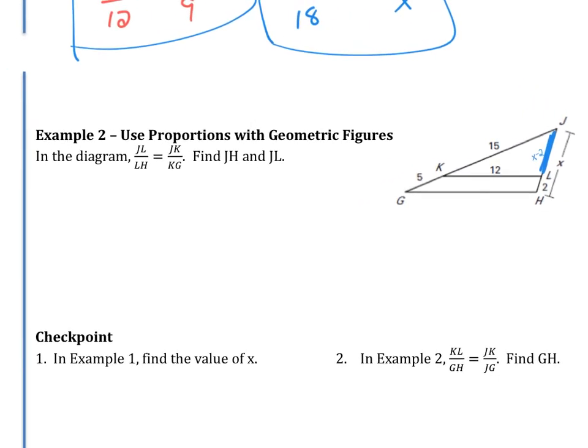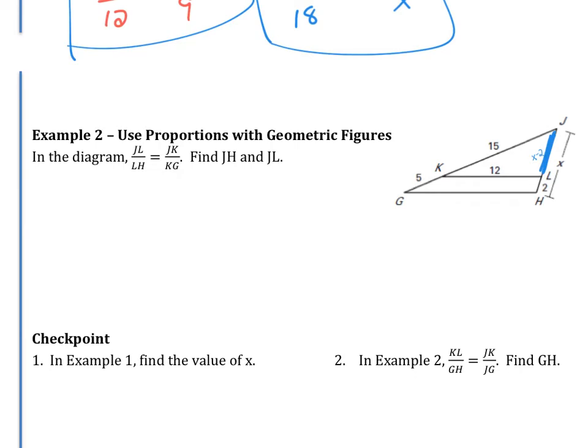So if we zoom out, JL over LH is X minus 2 over 2 equals JK is 15 and KG is 5. So we end up with X minus 2 over 2 equals 15 over 5.